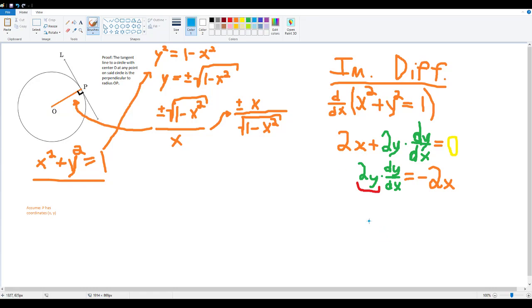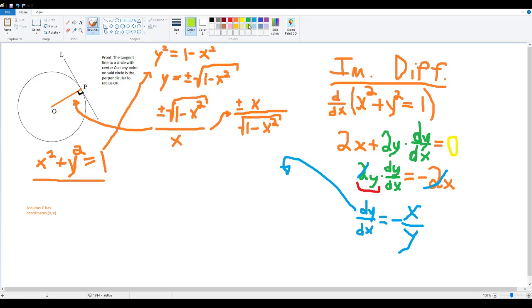And once we've done that, we'll get dy by dx equals, and then these two will just cancel, and we'll be left with negative x over y.